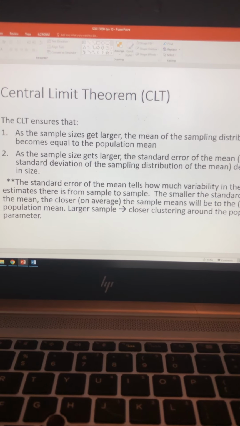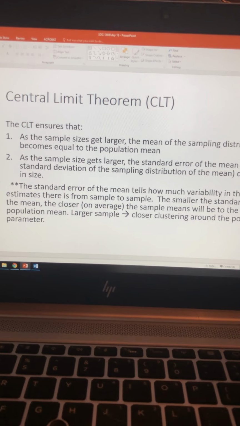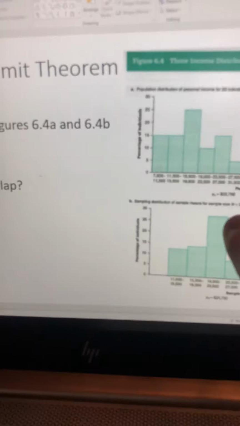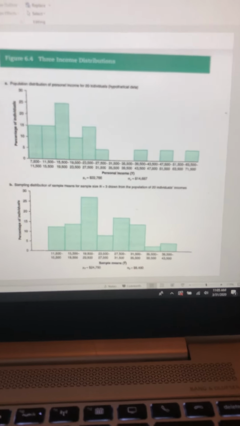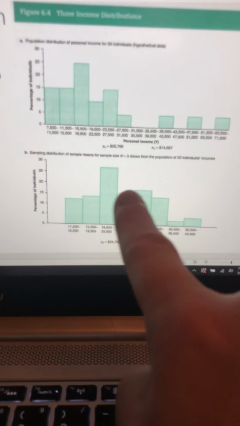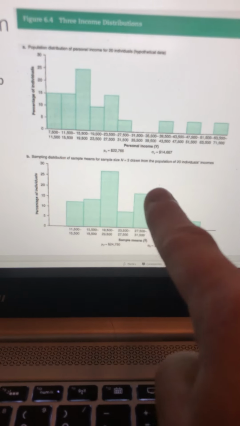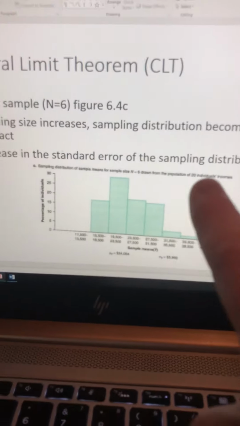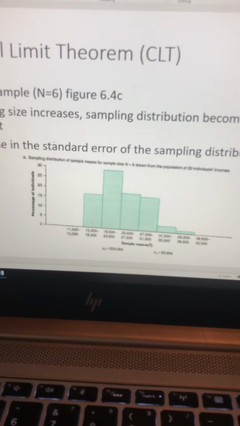Versus if we only took a sample of 1 or 2, there's a lot more variability there. And if we plotted those sample means with the different sizes, so 3 in this case, we get a lot more spread, even though it does start to approximate a normal curve. Even with a small sample like 3, we get a lot better approximation with a sample size of 6.